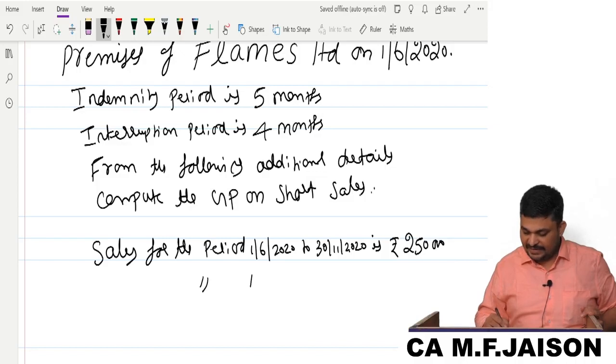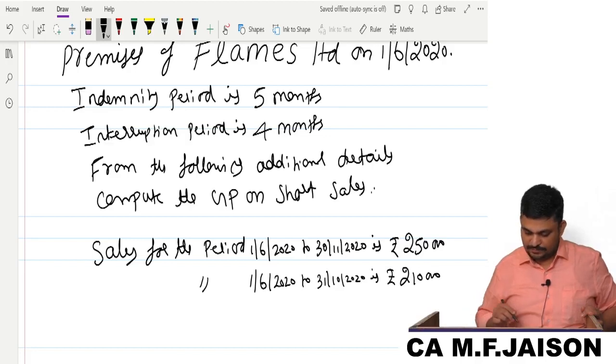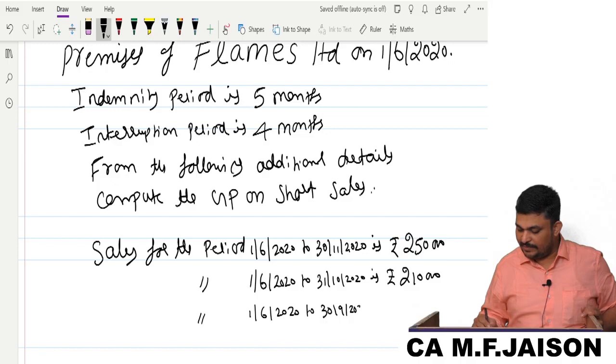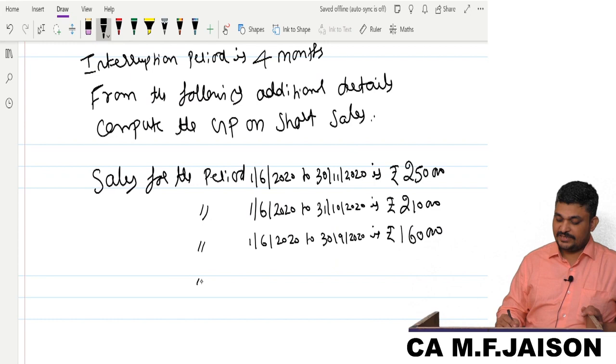Sales for the period 1/6/2020 to 31/10/2020 is rupees 2,10,000. Sales for the period 1/6/2020 to 30/9/2020 is rupees 1,60,000.